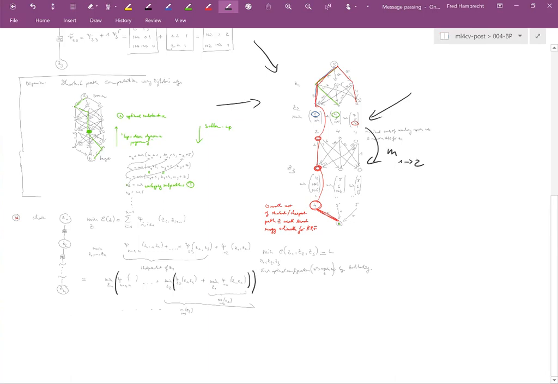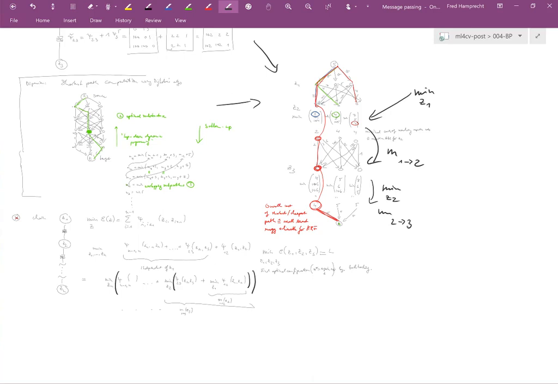It's a vector. And this was the minimization over Z1. And then here at this stage, we did a minimization over Z2. And we sent a message from 2 to 3, and so on.